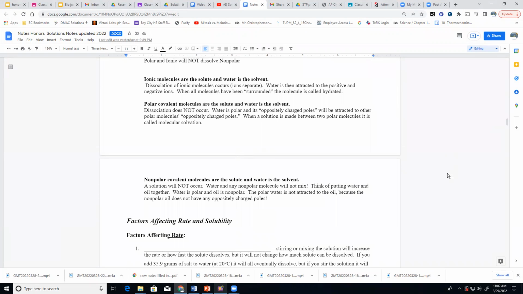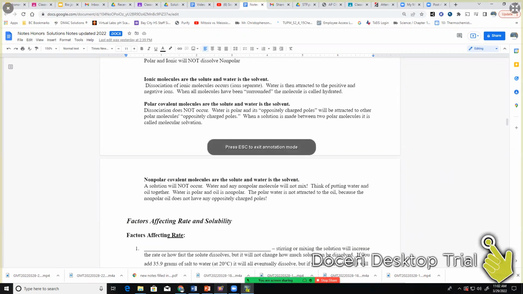All right, when we talk about ionic molecules, and we'll do this using our solubility rules again, ionic molecules are the solute and water is the solvent. Remember that your ionic molecules, I really shouldn't say molecules because that says covalent, so your ionic particles will disassociate and that's how they become charged.